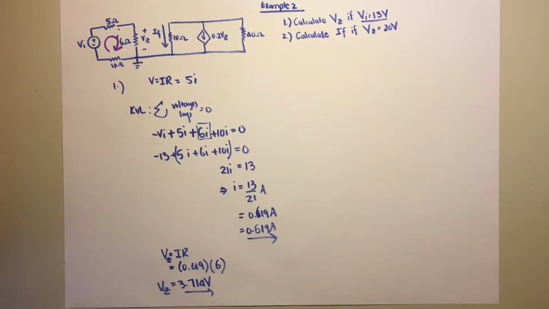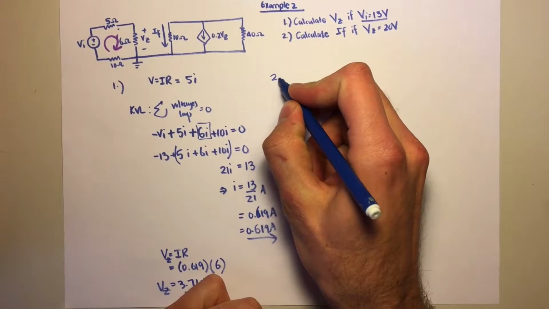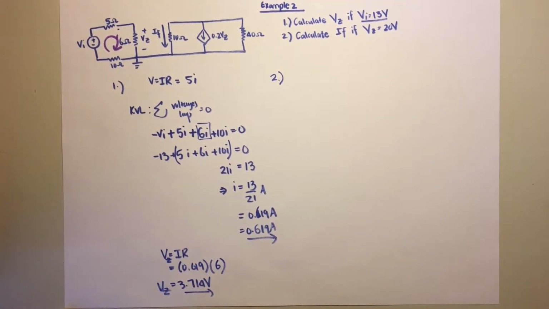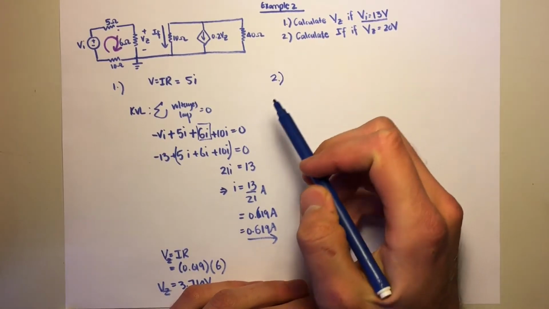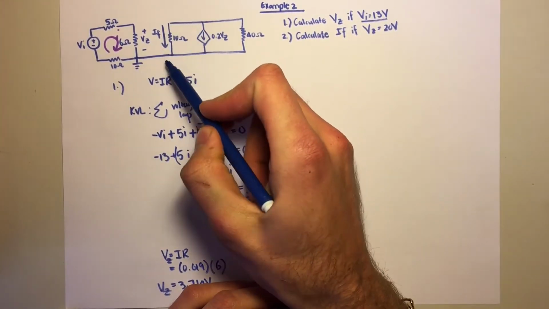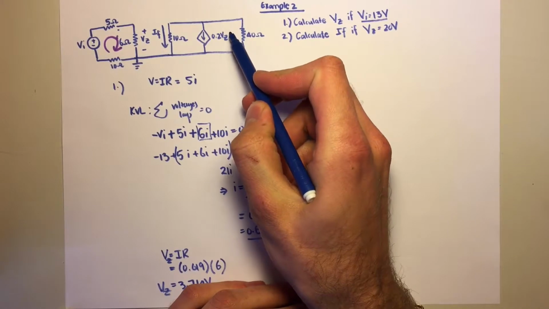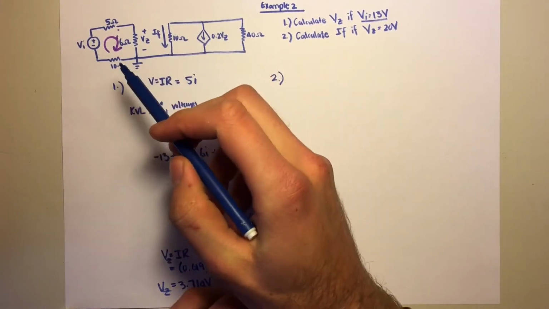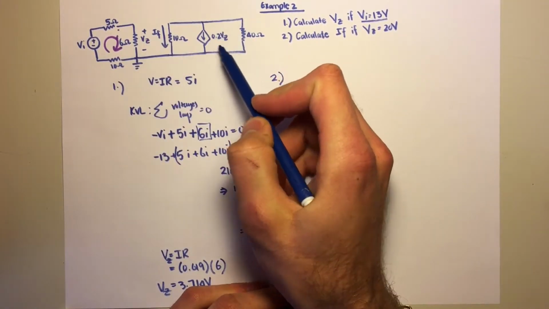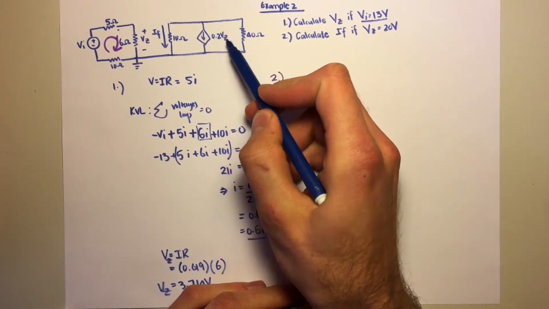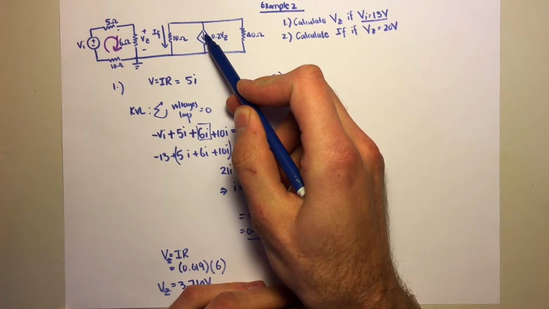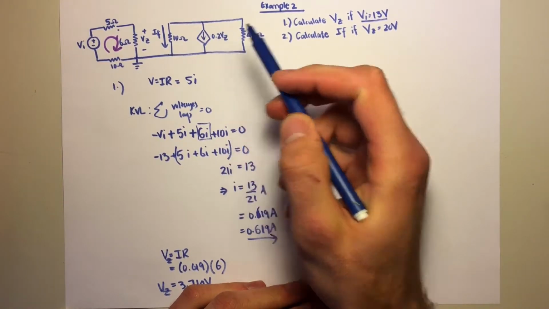Okay, so now we look at part 2 of the question. Part 2 says calculate IF if VZ is 20 volts. IF is the current over here. We're given VZ this time. So we have to work out the current that comes out of this voltage controlled current source, because it's controlled by the voltage VZ.